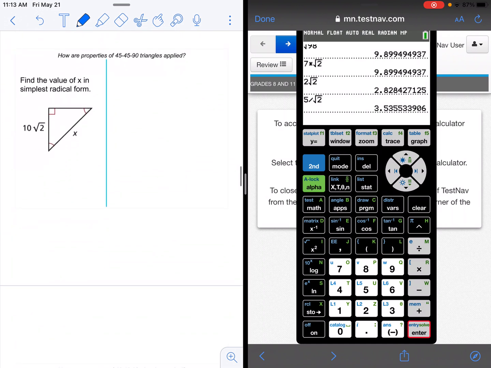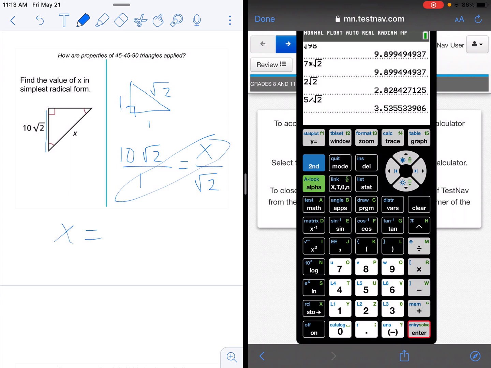All right, let's try this one. Remember, it's similar to the triangle 1, 1, square root of 2. Set up your proportion. 10 square root 2 matches 1, because they're both legs, and x matches the square root of 2. So I can cross multiply. X equals 10 square root of 2 times the square root of 2.